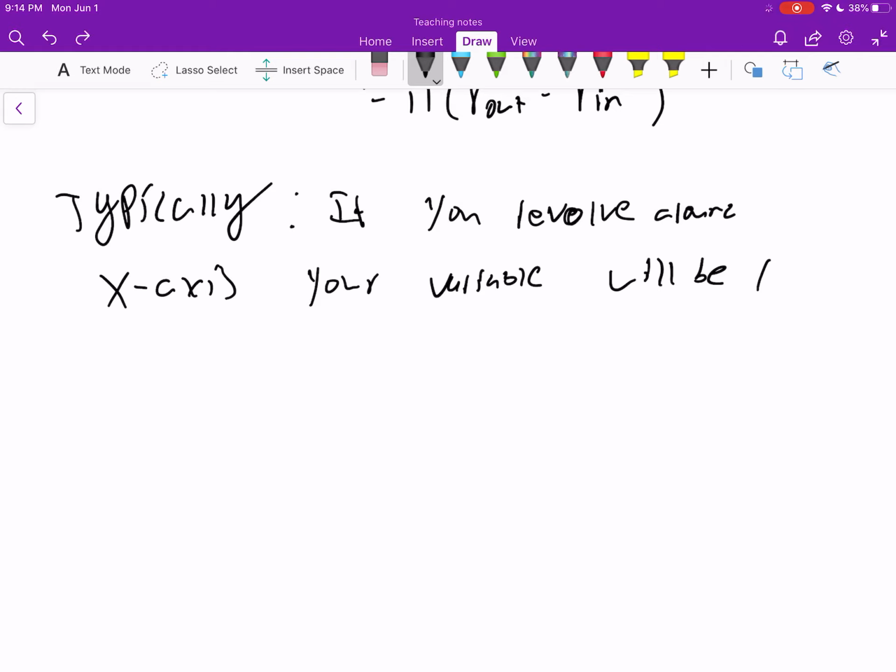Your variable will be x for these washers and these discs here.